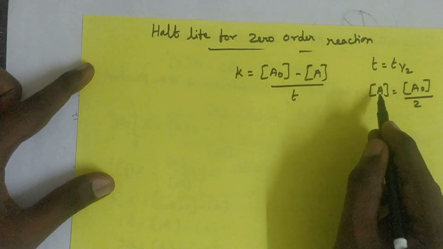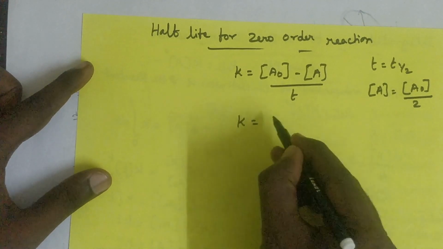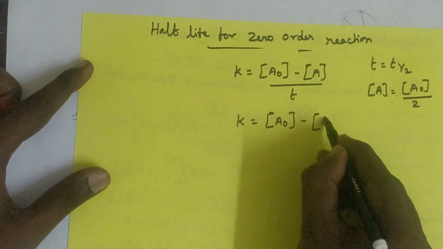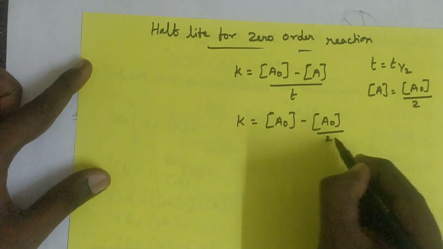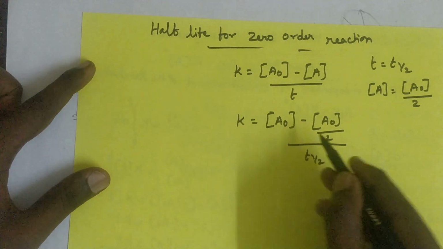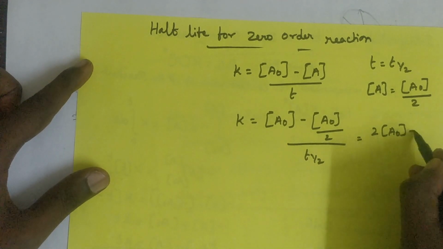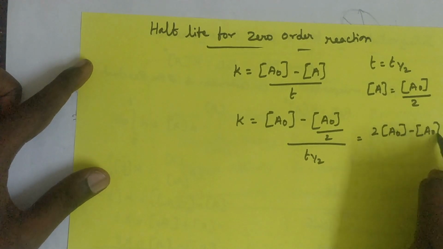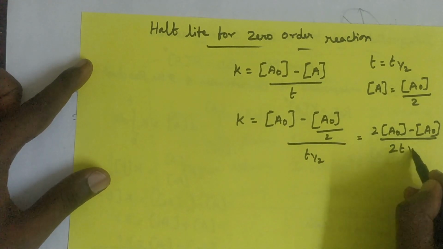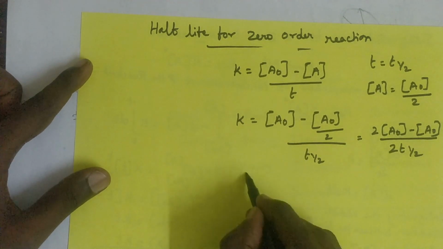Substitute this A and t in the above equation. So k is equal to concentration of A naught minus concentration of A naught by 2, divided by t half. On cross multiplying, 2 A naught minus A naught, and this 2 goes to the denominator: 2 into t half.